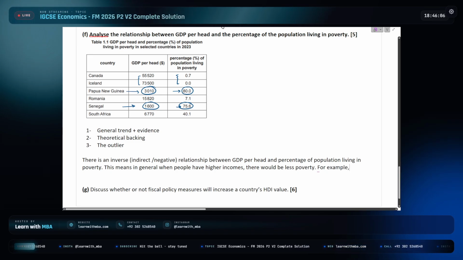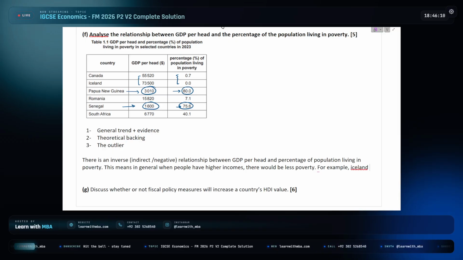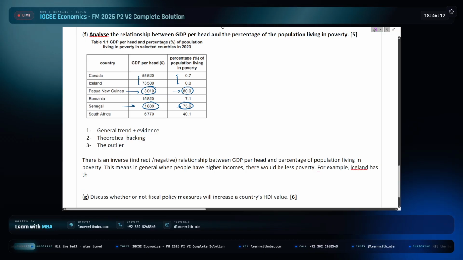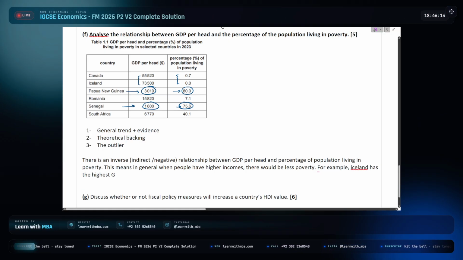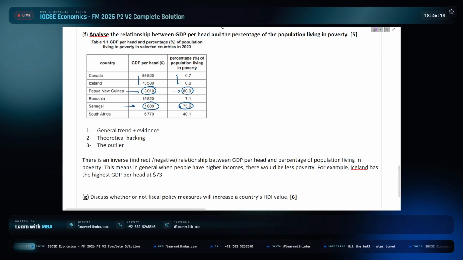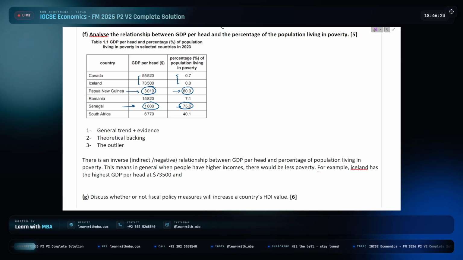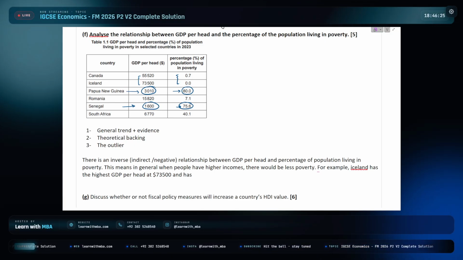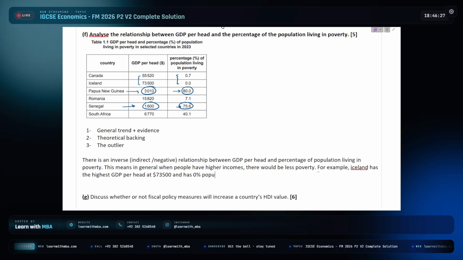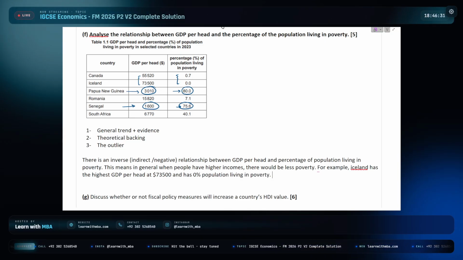For example, now use the evidence from the case, right? For example, Iceland has the highest GDP per head at $73,500, right? And has 0% population living in poverty.